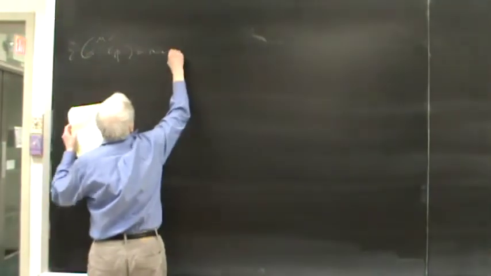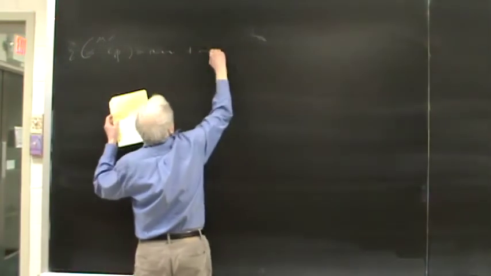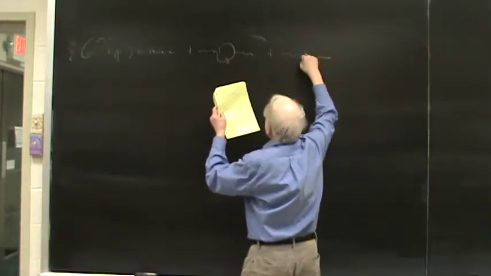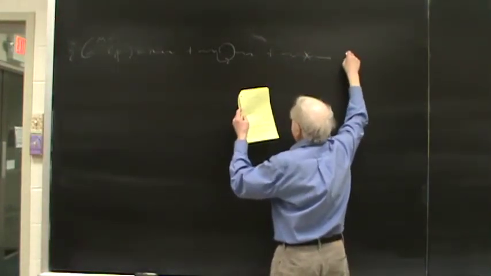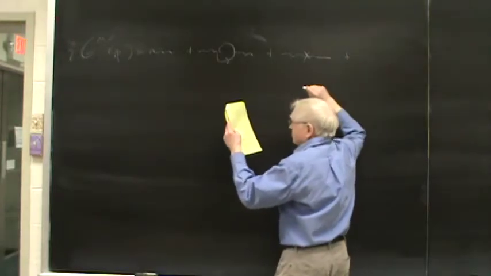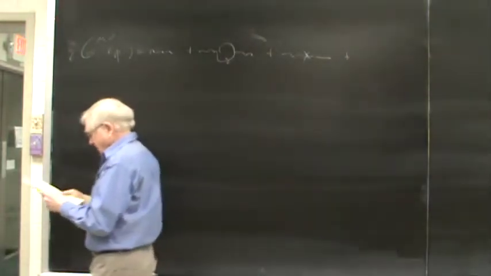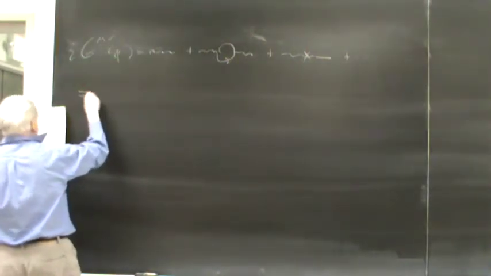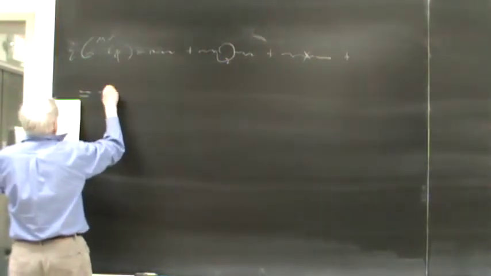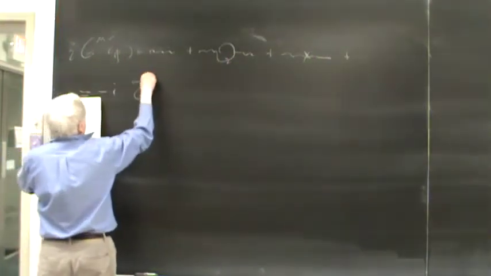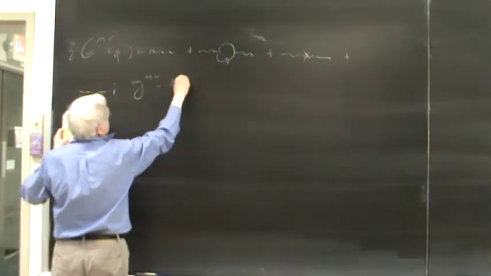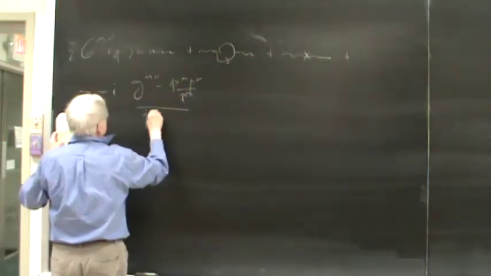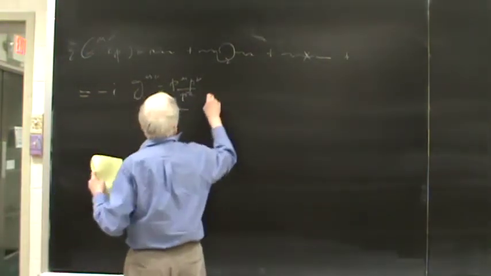So this is the propagator, the one loop, the counterterm, and then we're imagining higher order terms. Okay. So what this is going to do, just at one loop order, is give us minus i (g mu nu minus P mu P nu over P squared) divided by P squared plus i epsilon.